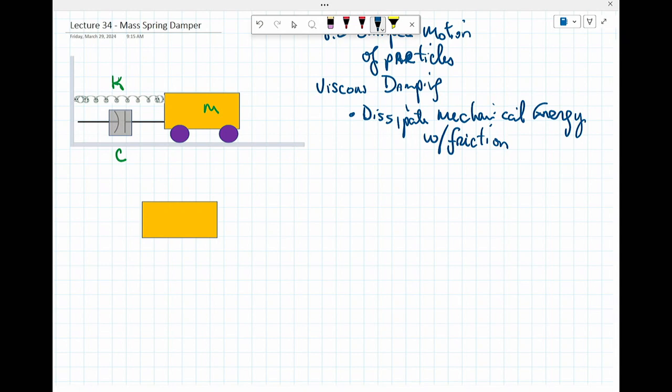So they continue all the way through. So what I want to do is introduce something that starts to bring down that vibration. So as I bring it down, how do I solve for that? So I'm going to introduce a dash pot.